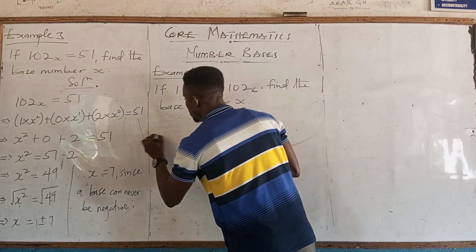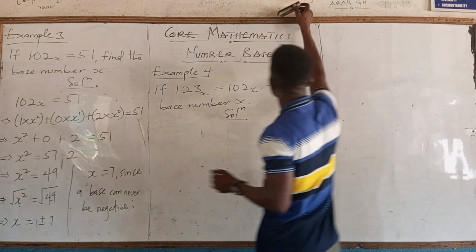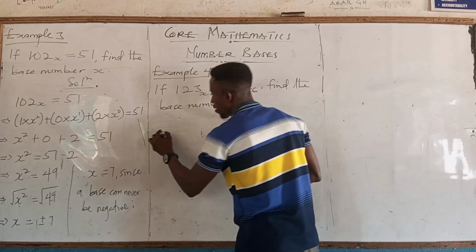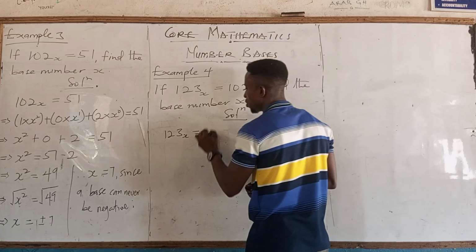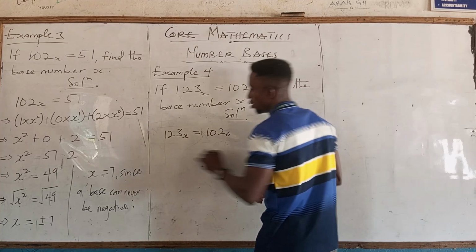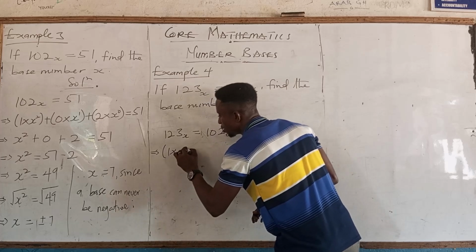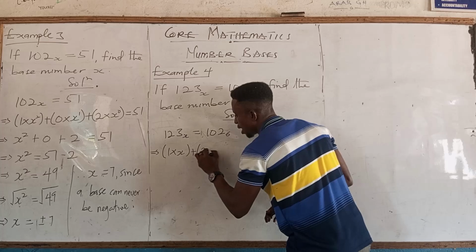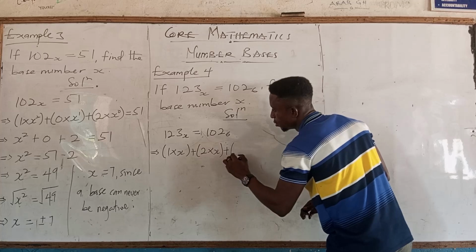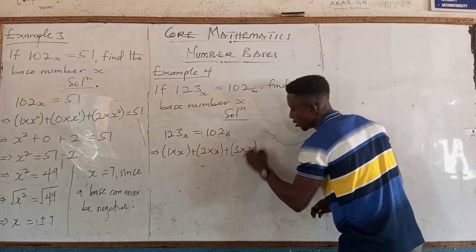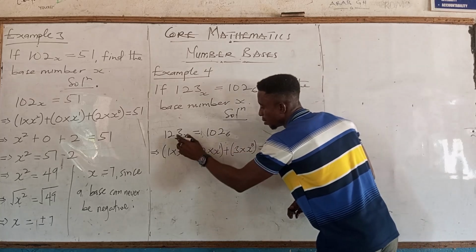So what do we get? Let me first of all write the question. So we have 123 base x, which is equal to 102 base 6. So this implies that this one will get to be 1 times x squared plus 2 times x plus 3 times x to the power 0, which is equal to, then I can start from 0, 1, and then 2. I'm done with this.